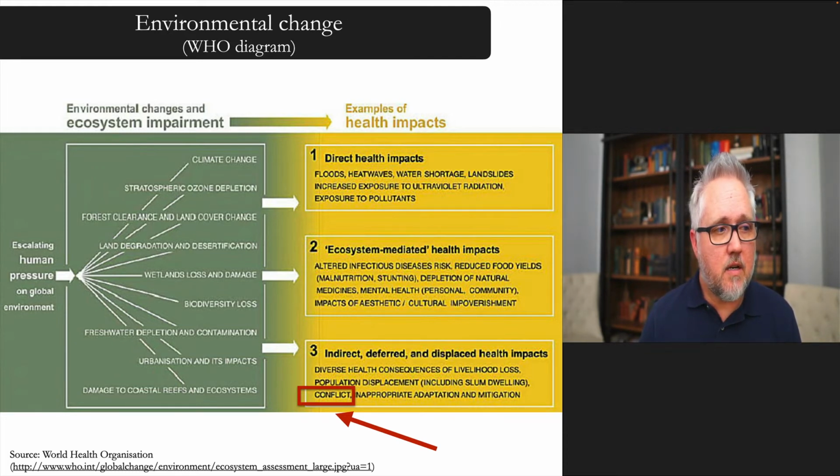In this chart from the World Health Organization, you see a number of different areas in which humans' increasingly intensive and Anthropocene level engagement in particular areas are having an effect on direct health impacts, ecosystem-related impacts, and then more indirect relationships up to and including conflict. And conflict is one of those areas in which a lot of people like to talk about the high stakes if we don't do something.